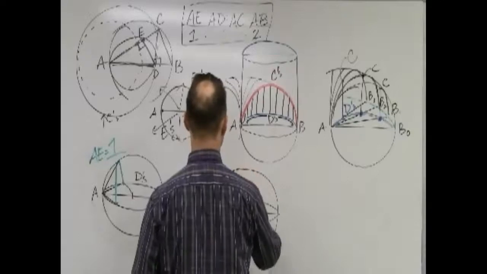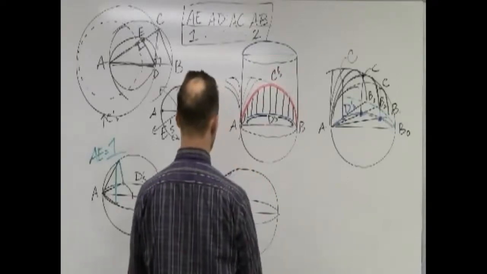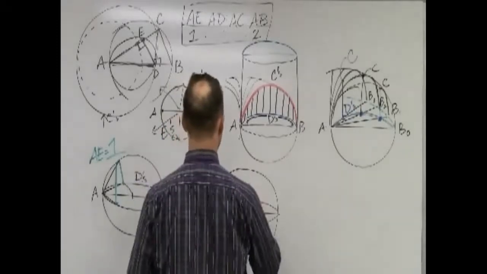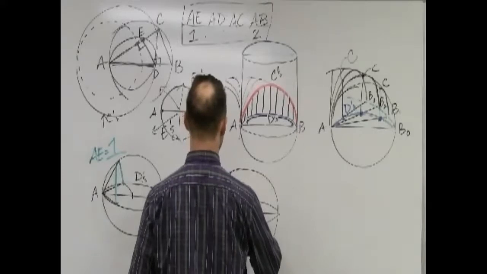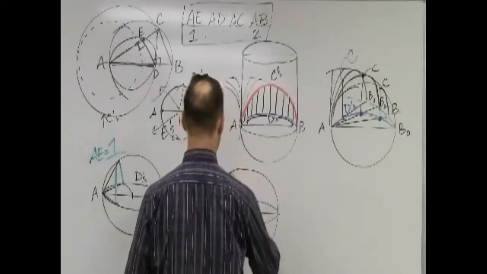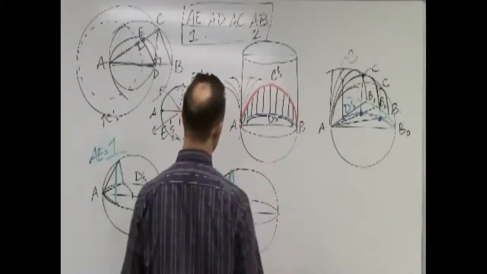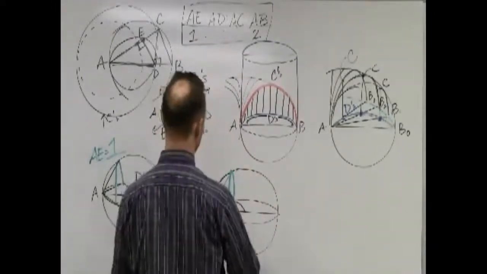I neglected to ask earlier, but now I have to ask, where is C? Aha! C is along the cylinder in the torus. What's it doing there? That's where it exists. That's its home.